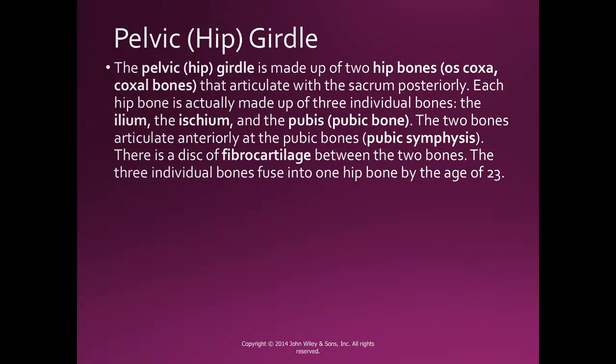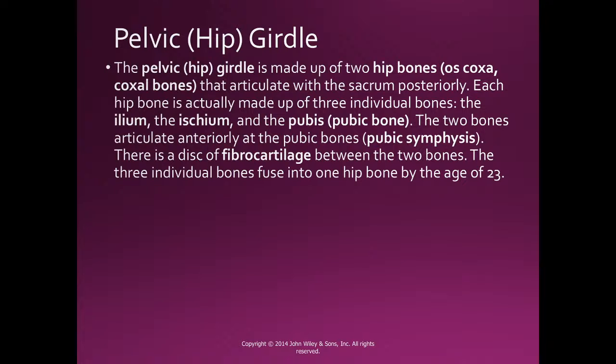So the os coxa or coxal bones, these are your hip bones that form the pelvic girdle, and they articulate posteriorly with the sacrum. Now, different textbooks are going to disagree. Some will say the sacrum is part of the pelvic girdle and therefore part of the appendicular skeleton.